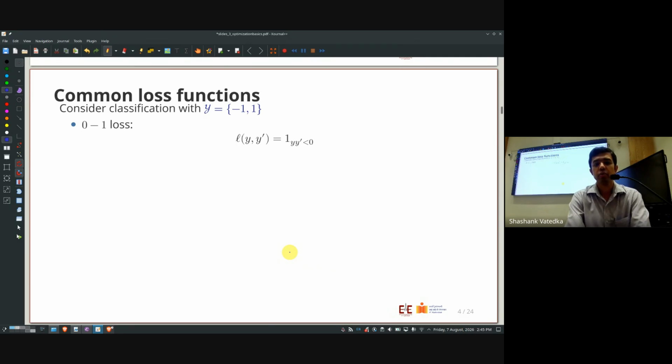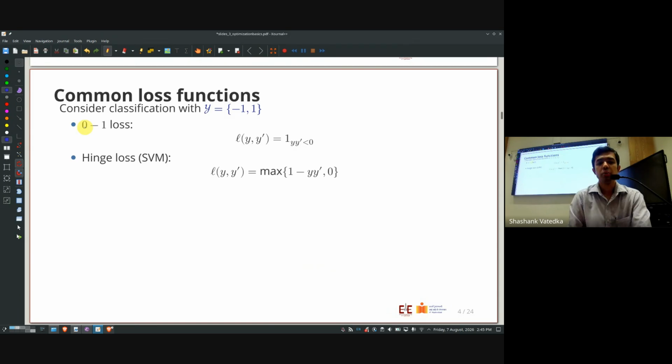So in general, what kind of loss functions do we want to consider? Let's see some common loss functions. One is the 0-1 loss, which we've already seen before. In the context of classification itself, there are multiple loss functions that one can think of, and these are surrogate loss functions.